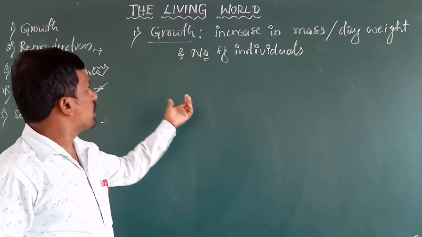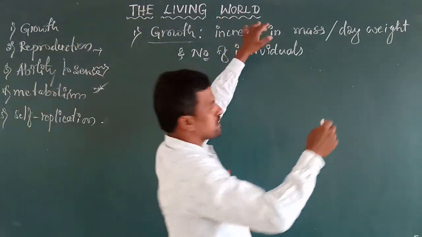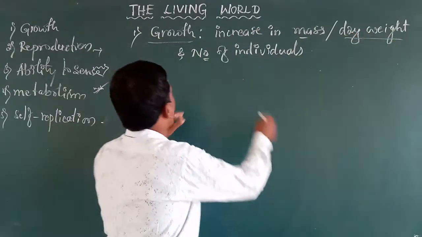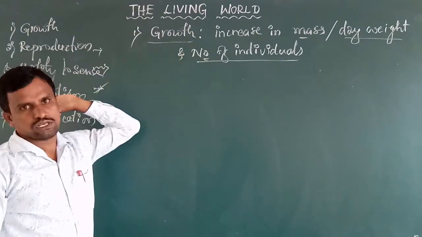So here, increase in mass, increase in dry weight, and also increase in the number of individuals is referred to as growth.